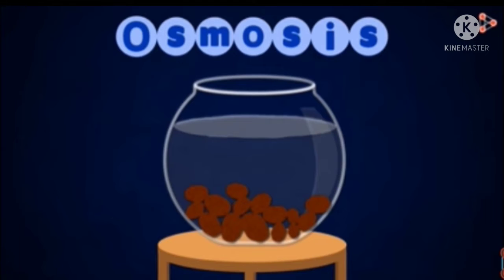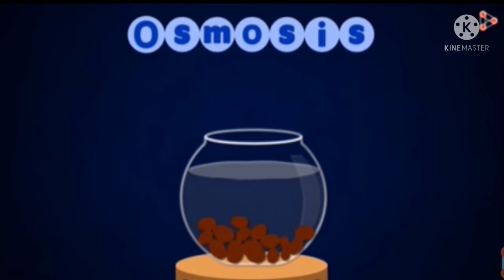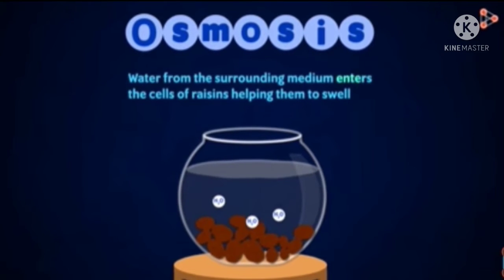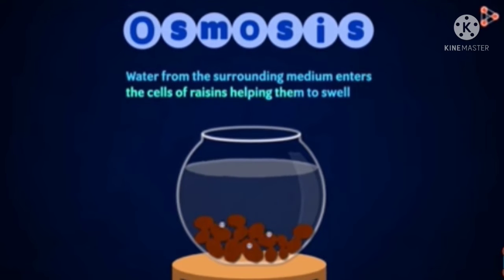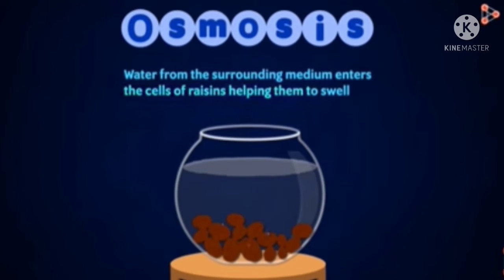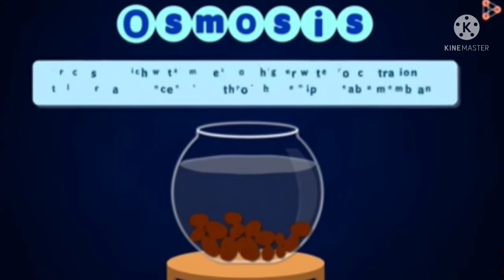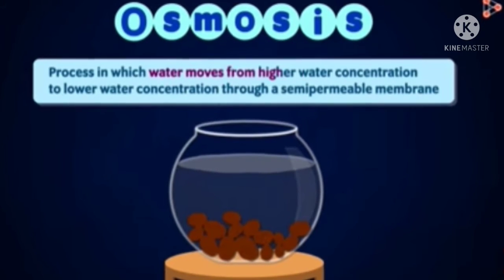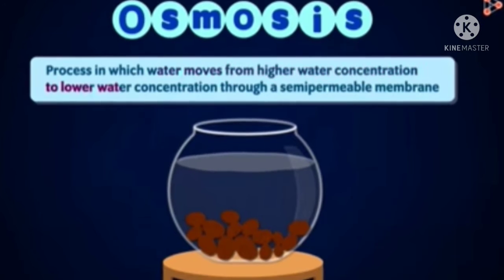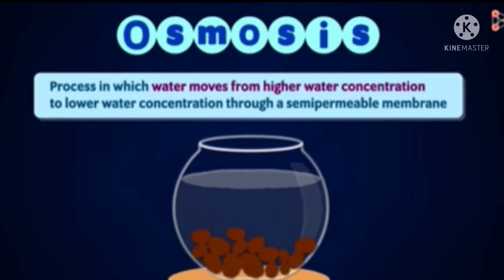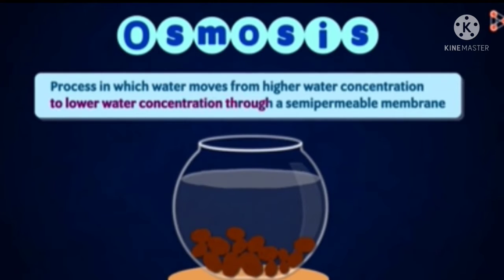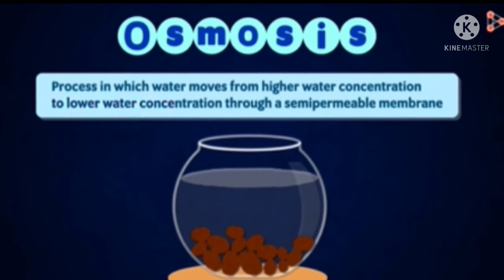In this activity, what we have observed is that water from the surrounding medium enters the cells of raisins, helping them to swell. Now coming to the definition of osmosis: osmosis is a process in which water moves from higher water concentration to lower water concentration through a semi-permeable membrane.